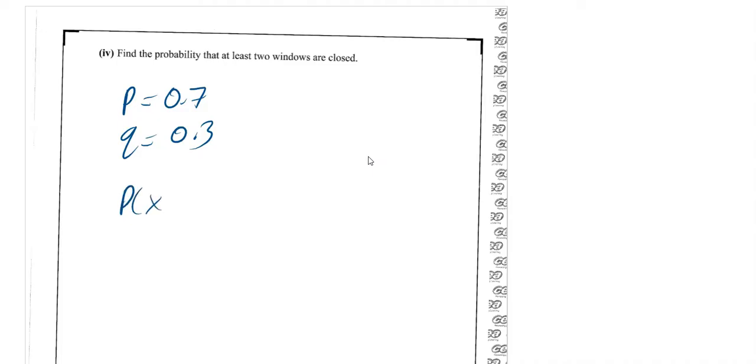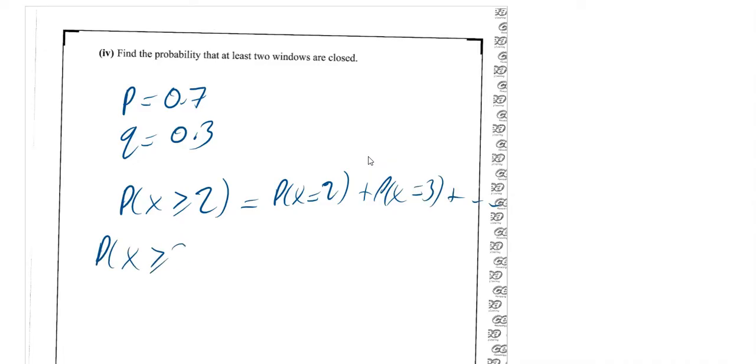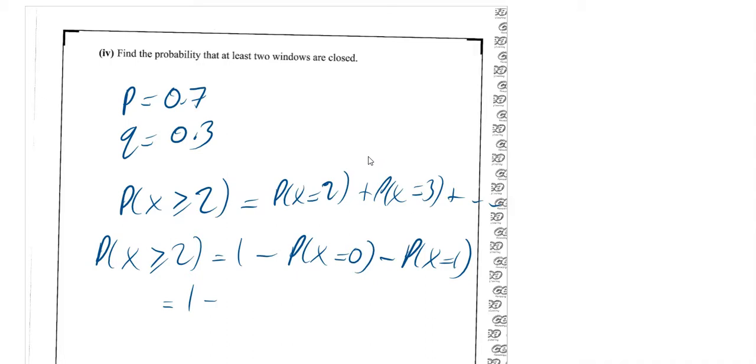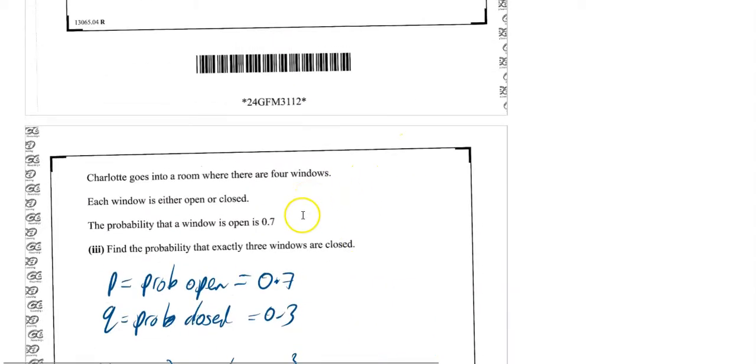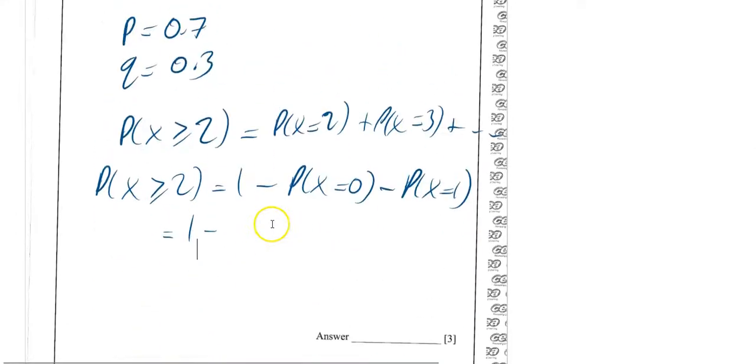Really that means you want probability that x is greater than or equal to 2, which means probability x equals 2, x equals 3, and so on. But an easier way of doing it is probability x is greater than or equal to 2 is 1 minus probability there's none closed, and also that there's just 1 closed. So I'm just going to write that out as 1 minus, and I want them to be, sorry, what were the probabilities here? 0.7 was open.